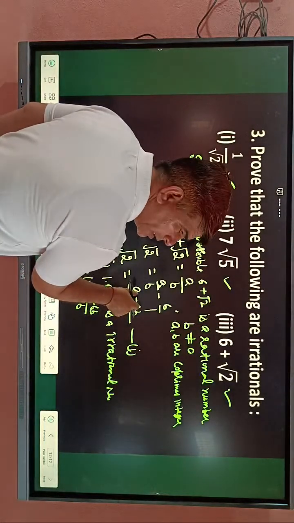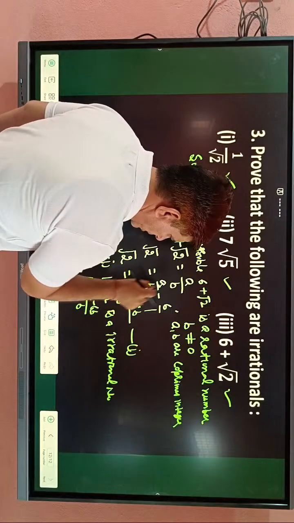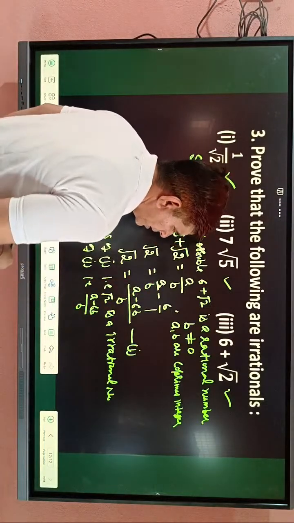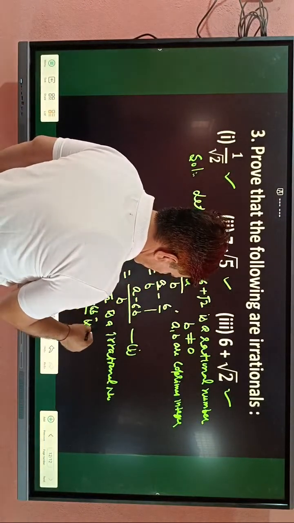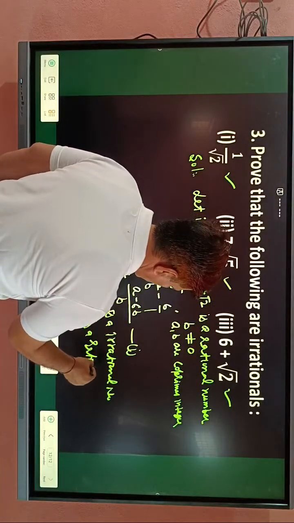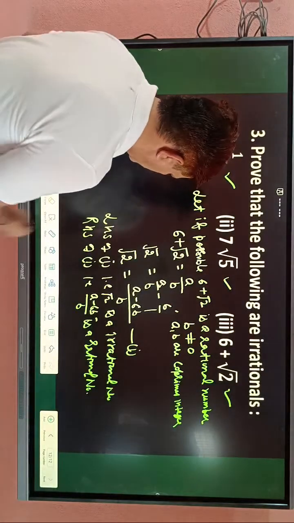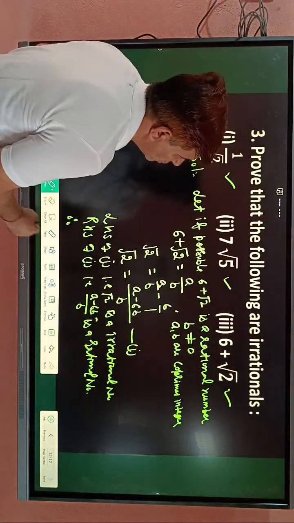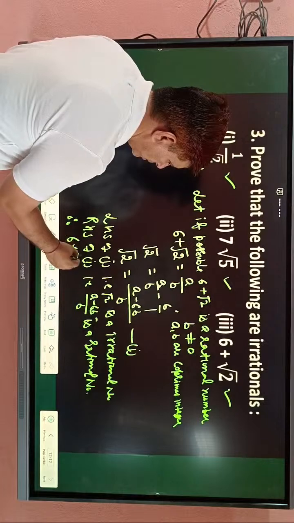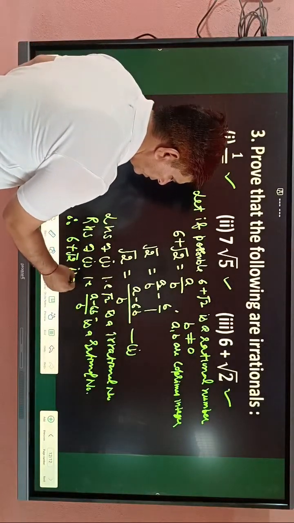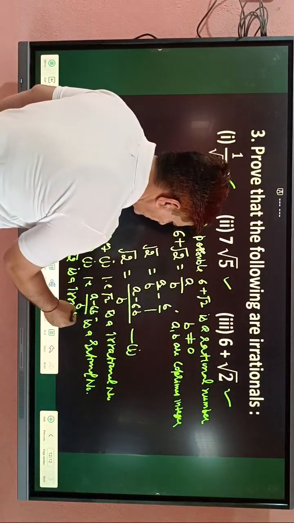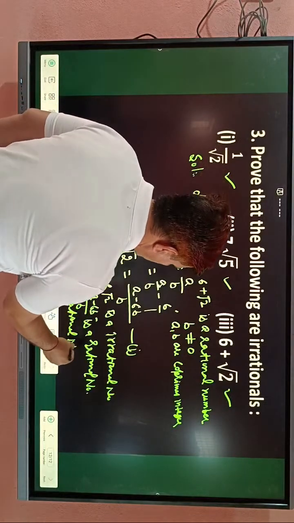It's integer minus integer, again an integer, divided by integer, again a rational number. Therefore, our assumption is wrong. 6 plus root 2 is an irrational number, if it is not rational.